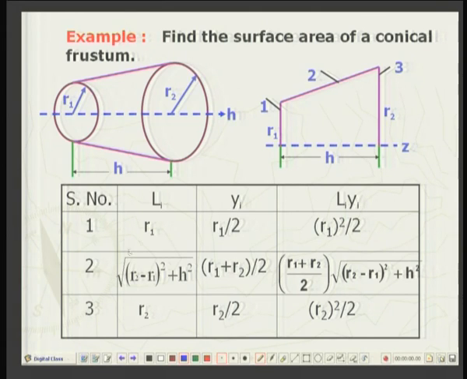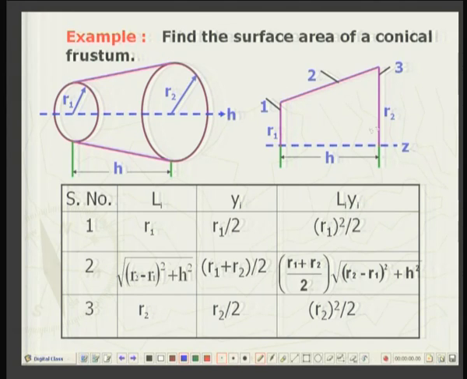Then we come to the slant length, which will be, by Pythagoras theorem, square root of (R2 minus R1) square plus the dimension h square. So, this will be the hypotenuse of this triangle, and the centroid will be at the middle point.